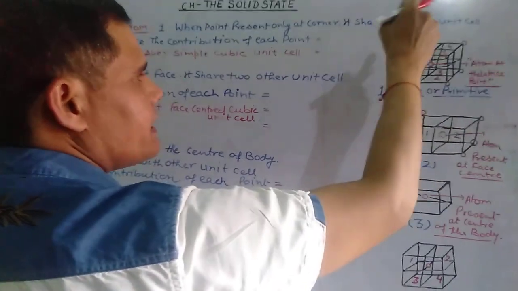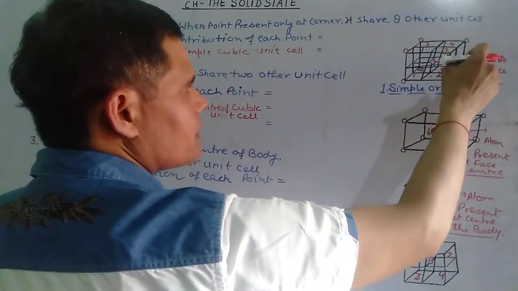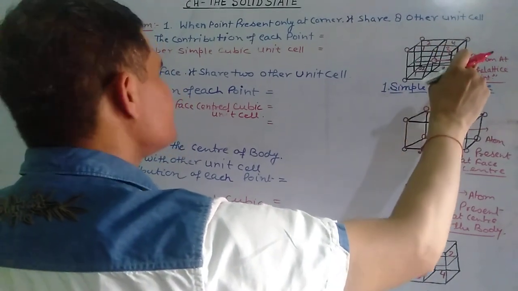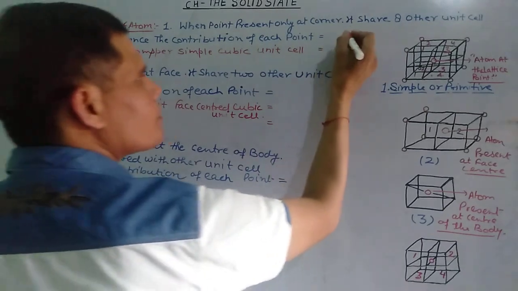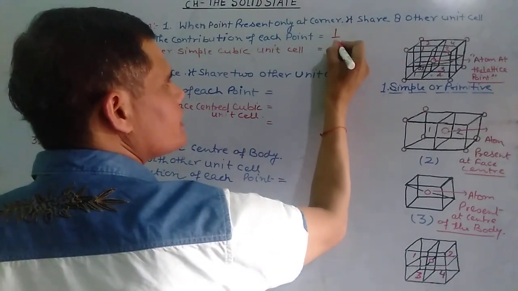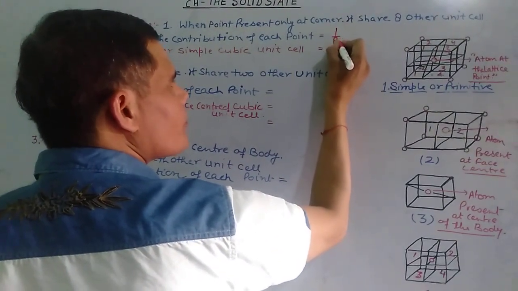The point present at the corner is shared with 8 other unit cells. Hence the contribution of each point to the unit cell will be 1 upon 8.